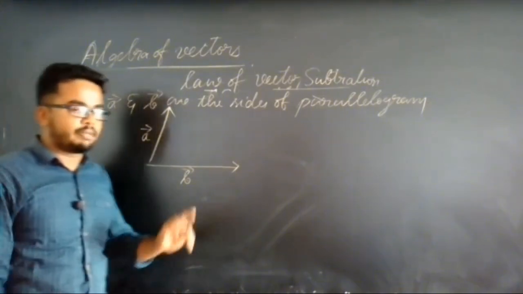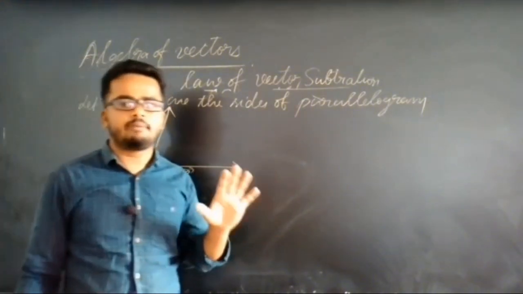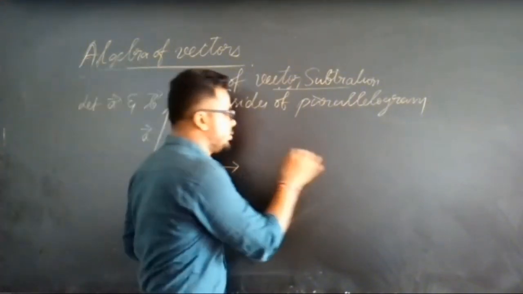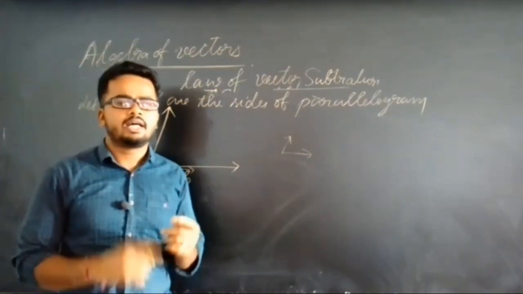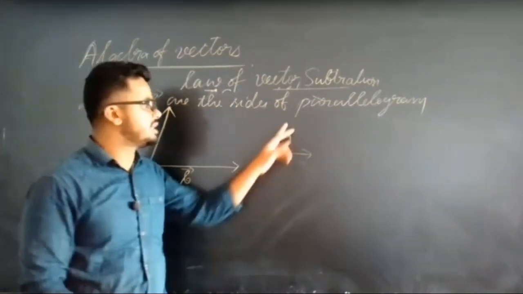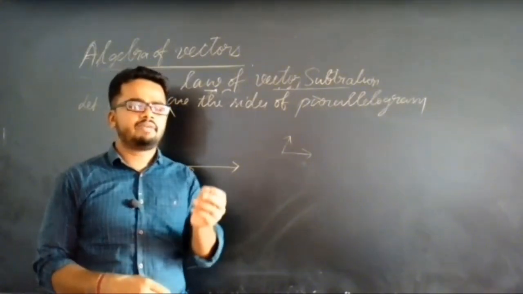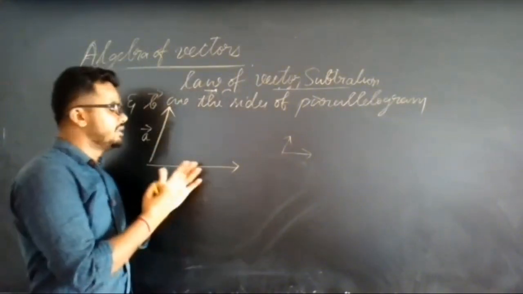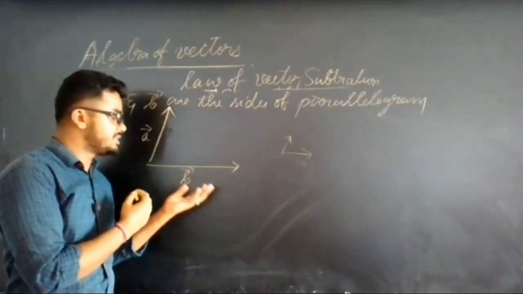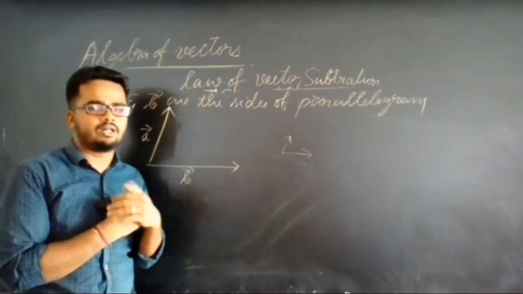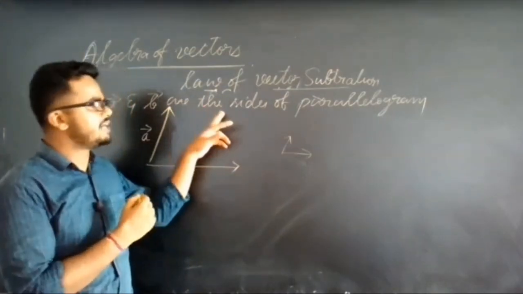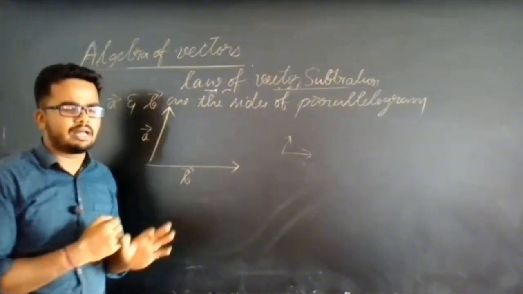Now, in the previous concept, you came to know that if I draw two sides of a triangle, then the resultant will be formed on the third side of the triangle. Now I am giving one more case where the vectors I have considered are the sides of the parallelogram.